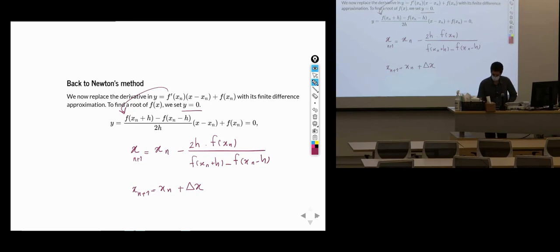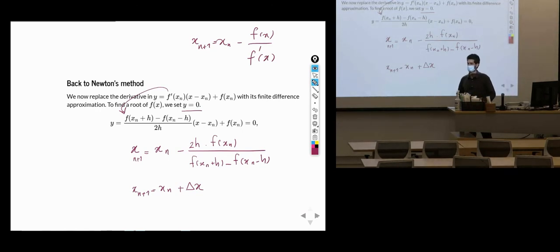Which in general, in Newton algorithm, you will have the derivative, but we don't know what to do with the derivative. We replace it with the idea of central finite difference. So we get a more specialized version of Newton's algorithm, and then we call this whole thing delta.